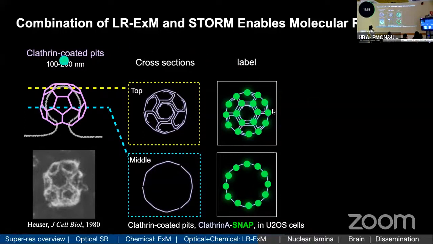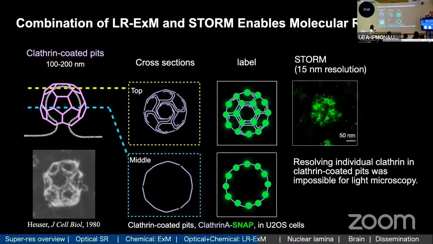And if we focus the objective in the middle, at the cross section of the clathrin-coated pits, you should see a discontinuous hollow ring. Let's see, if we use STORM alone with 15 nanometer resolution, we won't be able to see individual vertices of this sphere.